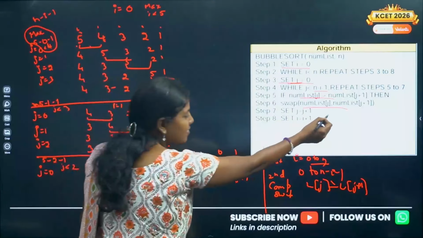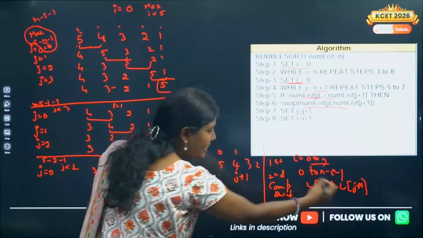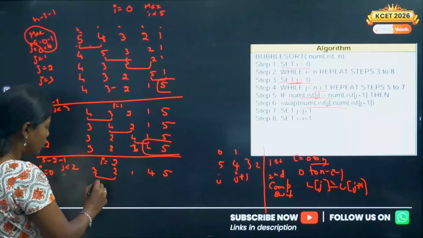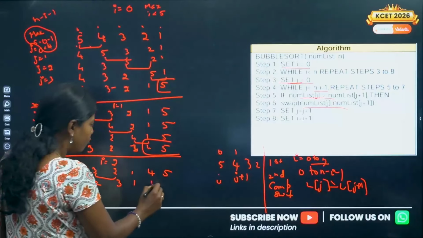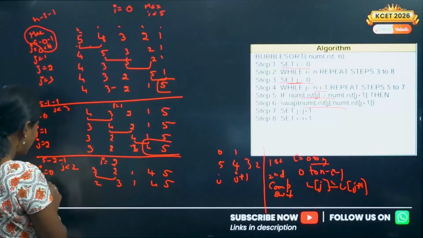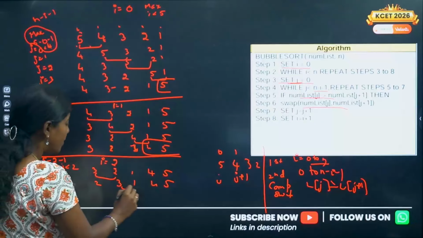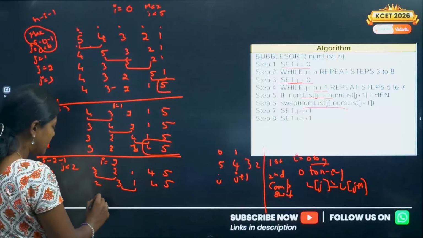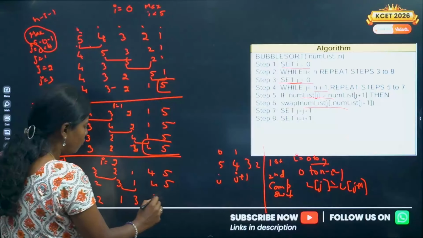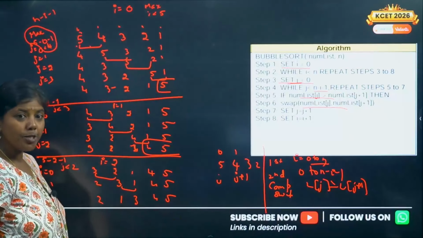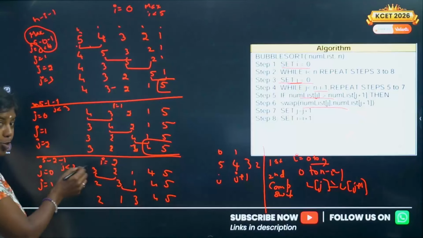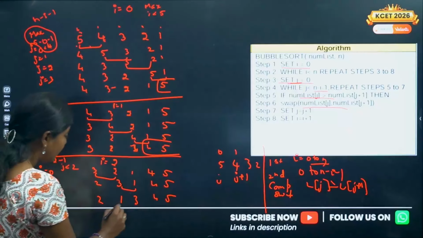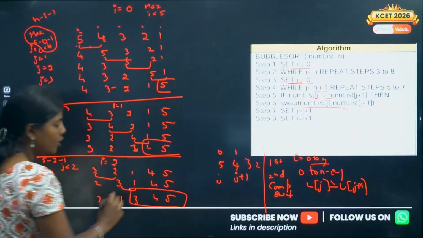If this is greater, then I have to swap it. So 2, 3, 1, 4, 5. Again for j equals to 1, these two have to be compared, j and j plus 1. That means 2, 1, 3, 4, 5. Is the point clear? That's it. I should not continue. It should be less than 2. Similarly, the first 3 elements are sorted.